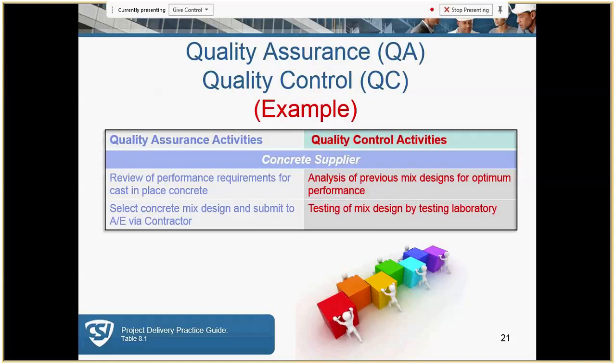What we would do for quality control, again, after, we're going to analyze that mix design, and we're going to test it. So again, how are we going to assure that we're going to get what we want? And then once it's delivered, how are we going to check and see what we've received?